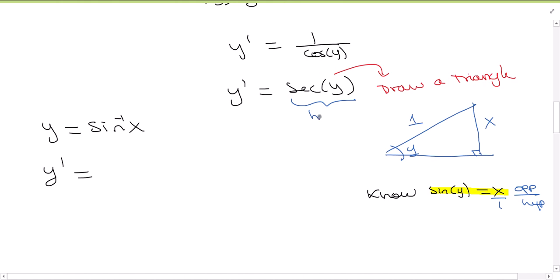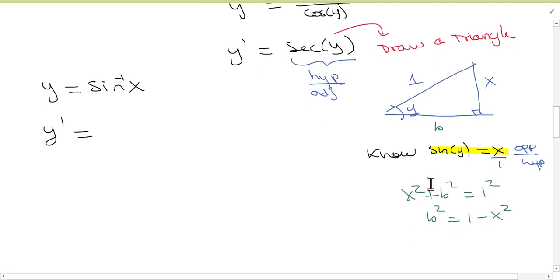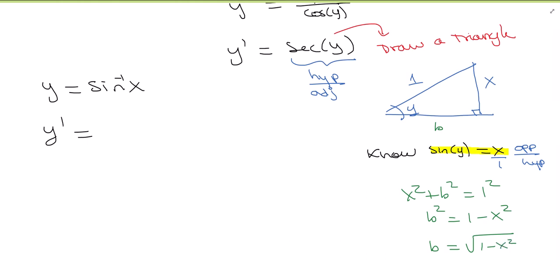So that means that secant is hypotenuse over adjacent. And so we need to find the adjacent. So again, call this b and do Pythagorean theorem. So x squared plus b squared equals 1 squared. So b squared is 1 minus x squared. And so b is the square root of 1 minus x squared.